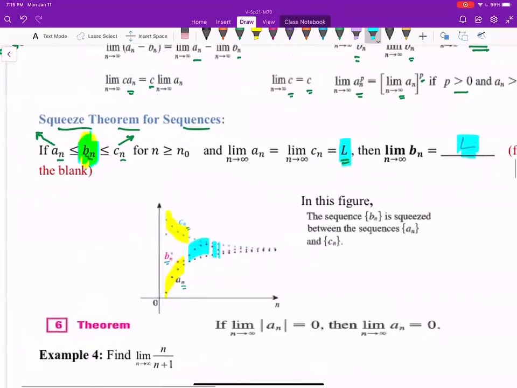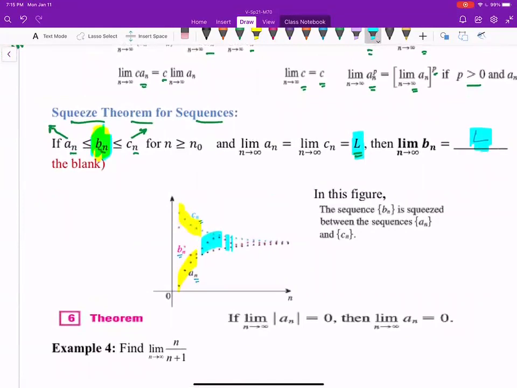Sometimes it may not be possible to find the limit of the given sequence directly, but if you are able to set up this kind of three-sided inequality, making the given sequence's nth term lie between the nth terms of two other sequences, and if you are able to show that the left end and the right end, an and cn, approach a certain limit L, then the middle one will automatically approach the limit L. So this is sometimes very handy to find the limits of certain sequences.